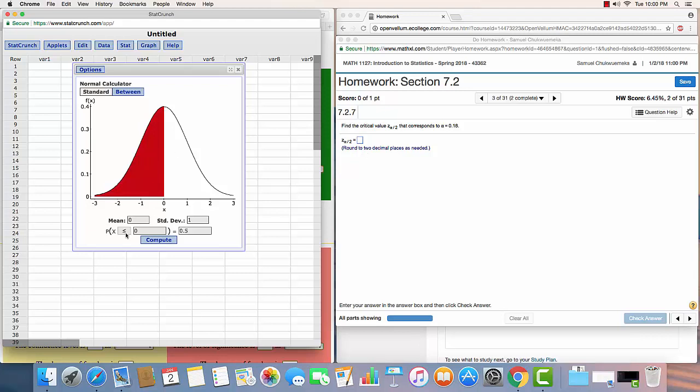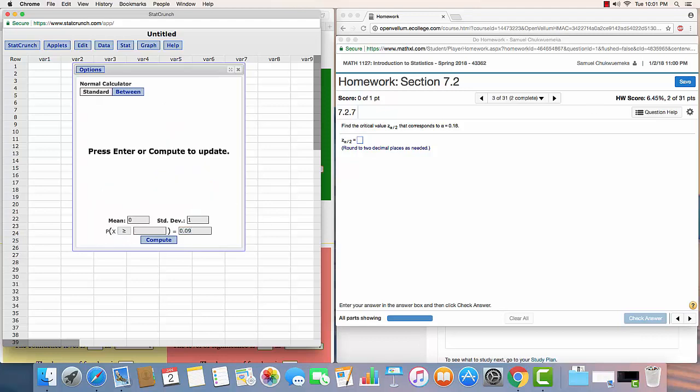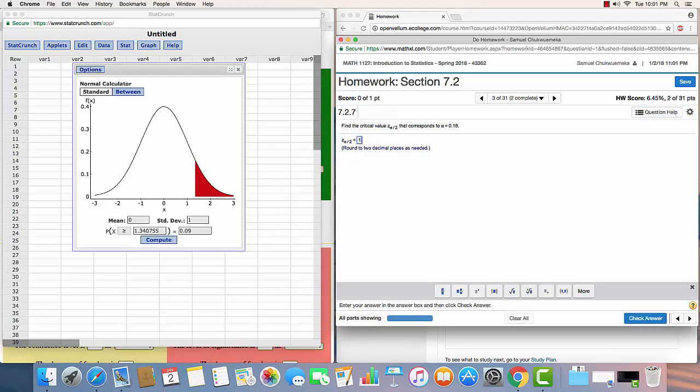So I'm going to set this to greater than or equal to, because it's in the right tail. And I'll put 0.09 here, and I press enter. With critical values, it's much better to use my calculator, but you can still use Statcrunch. If you're using Statcrunch, you use the normal distribution calculator. So this still gives us 1.34.